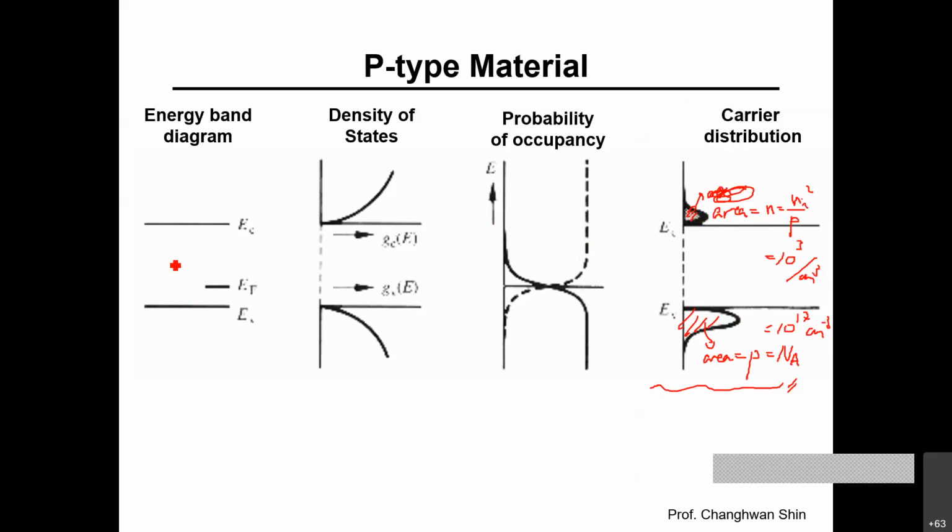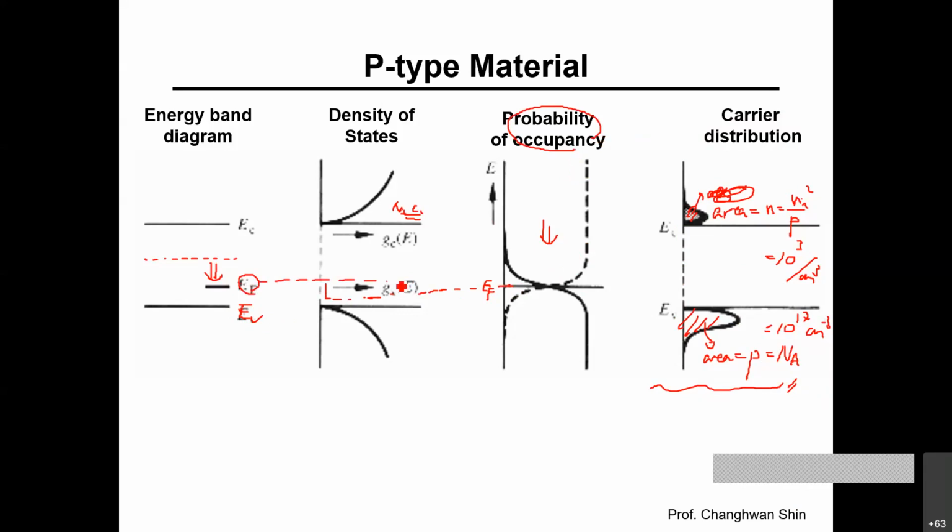And the physics is, in p-type silicon material, its Fermi energy level becomes closer to the valence band edge. The density of states has no change. However, the probability of occupancy shifted downward. Here the Fermi energy level is well aligned to the energy band diagram on the left hand side.